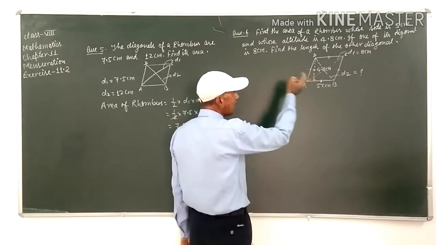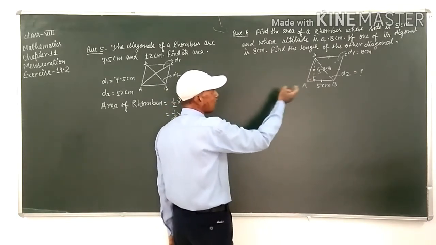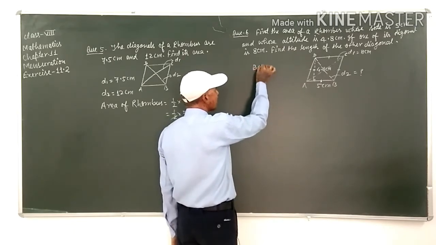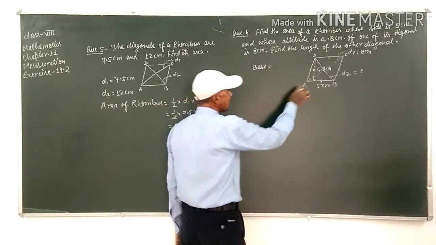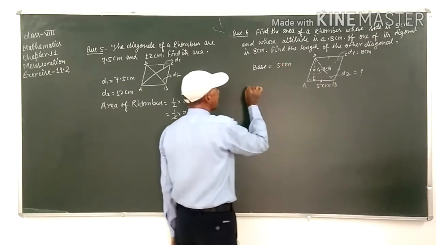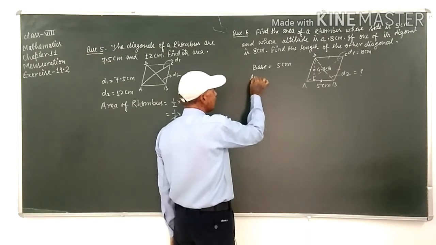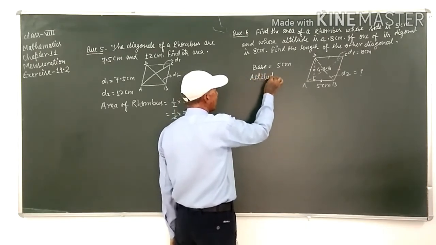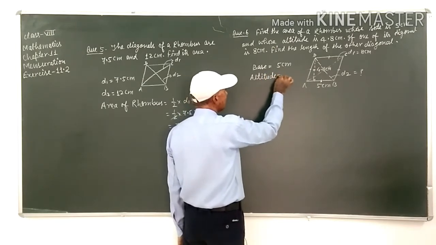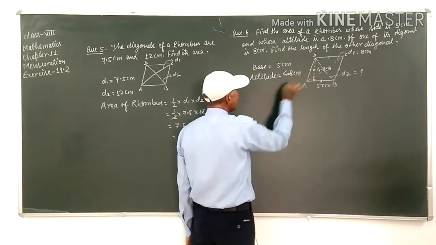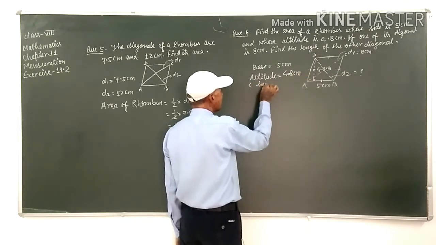So first of all we have to write the given points. Base AB is 5 centimeter, and altitude is 4.8 centimeter, that is height.